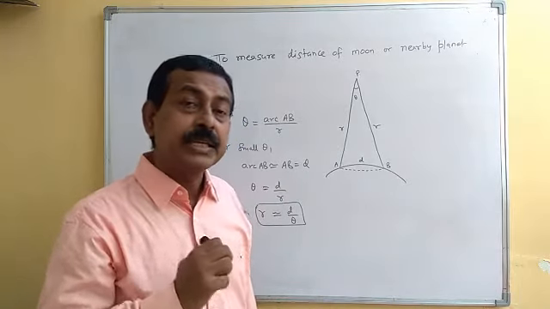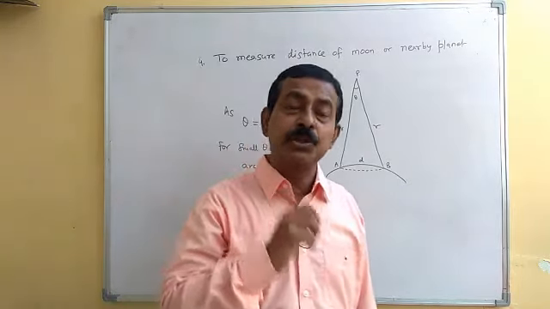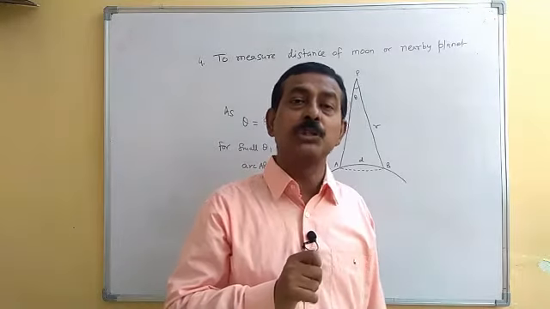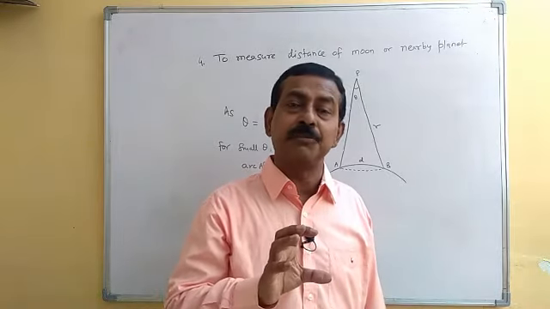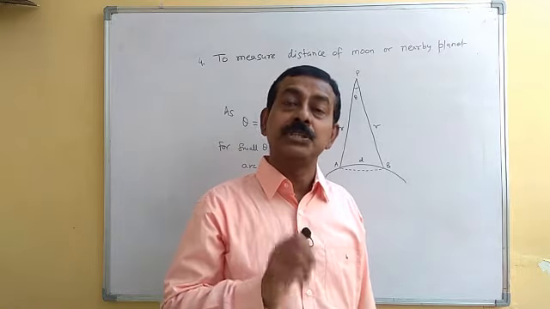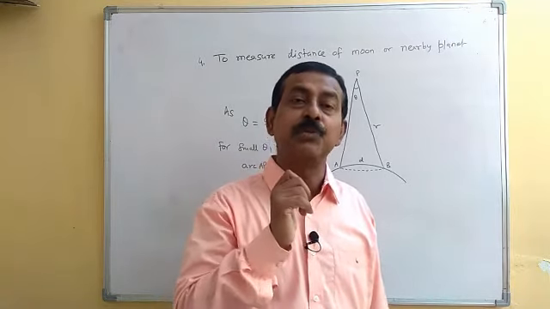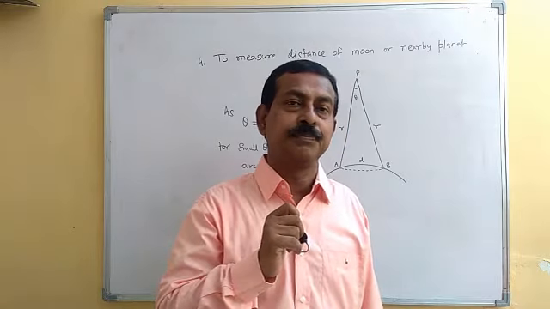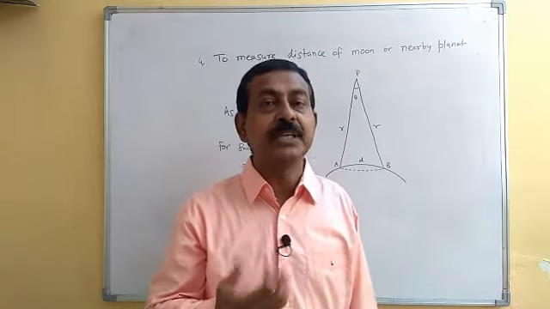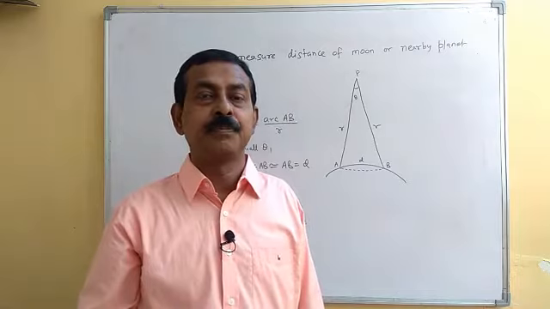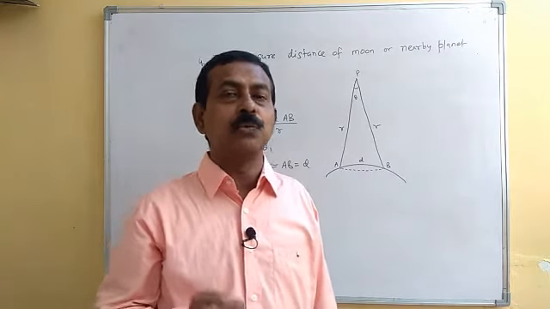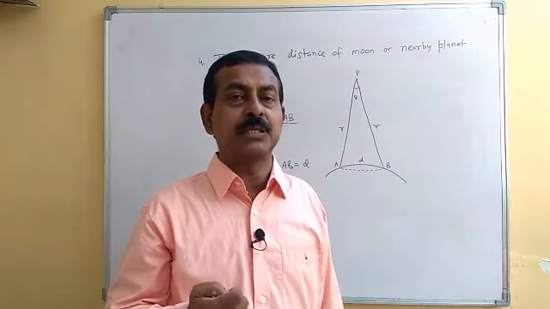But even if we take observation from diametrically opposite points on Earth's surface, the distance of the star is so large that the angle subtended will still be very small, which we cannot measure very accurately. So for that, we use a slightly different method.